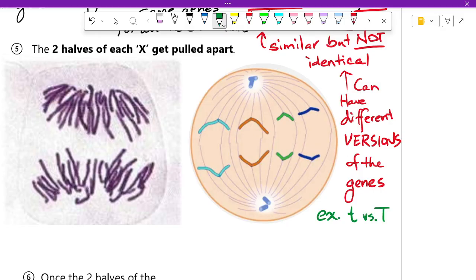Lowercase t versus capital T. So maybe you have a hitchhiker's thumb gene that gives you a capital T. And we don't know whether you have two capital T's, because as long as you have one capital T, your thumb can bend backwards. But if your thumb doesn't bend backwards, that means you got a little t from mom and a little t from dad. Okay, what do we call these different versions of the genes? Those are called alleles.